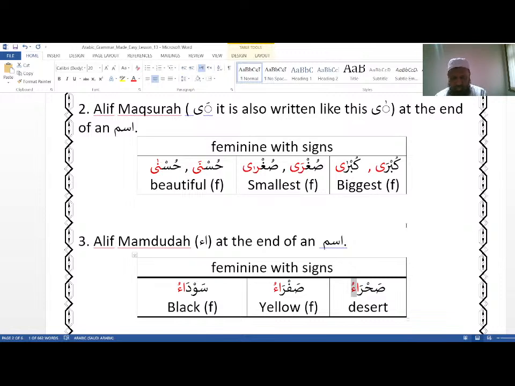We'll have a lesson for that. So remember, these are the ghair munsarif isms. They don't accept tanween: Sahra'u, Safra'u, Sawda'u. But we are learning the signs of muannas. So this is called alif mamduda: alif and hamza at the end of an ism.